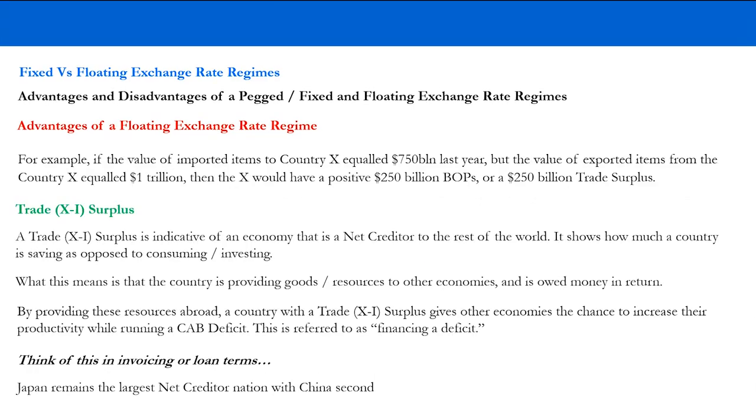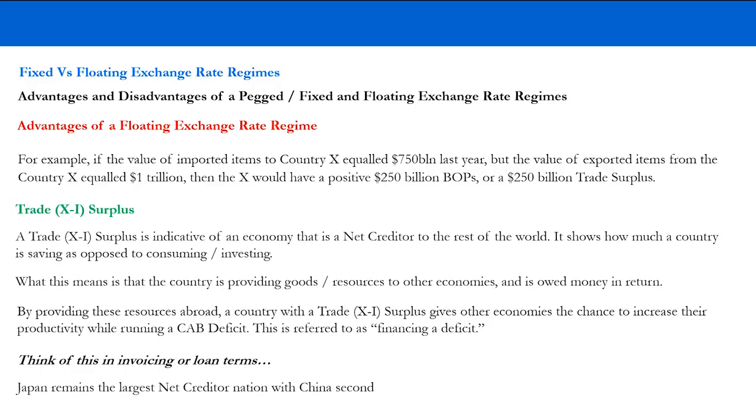So one of the ways of really understanding this is to look a little deeper into how this works. For example, if the value of imported items to country X equaled $750 billion last year, but the value of exported items from country X to the rest of the world equaled $1 trillion, then country X would have a positive $250 billion balance of payments, or a $250 billion trade surplus.